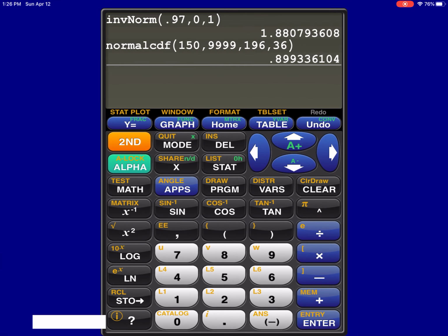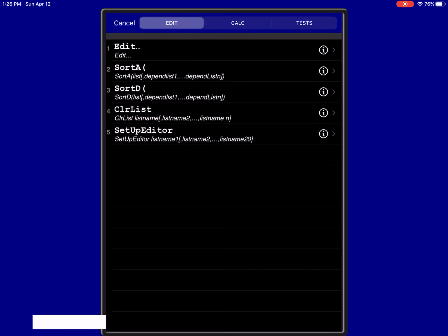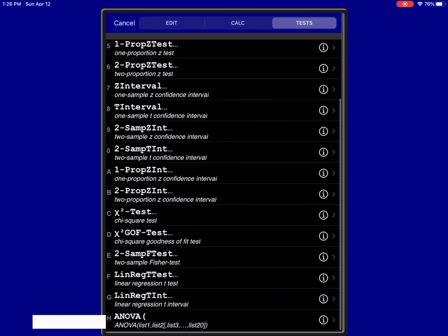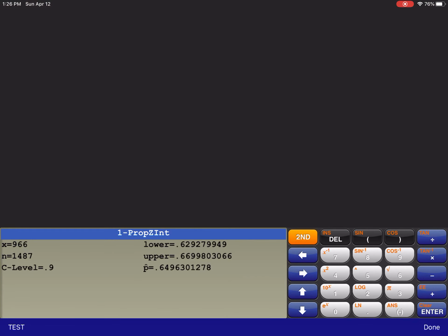All right, so what we want to do is click on the stats button, and then go over to tests, and then go down to option A, 1-proportion Z interval. Click on that, and then I want to clear this. How do I clear this first? Clear, delete.